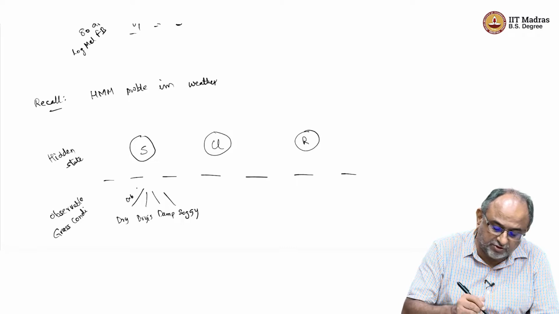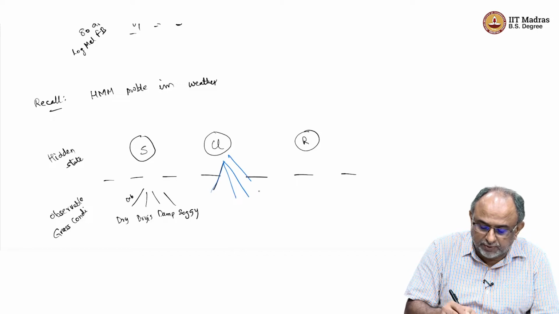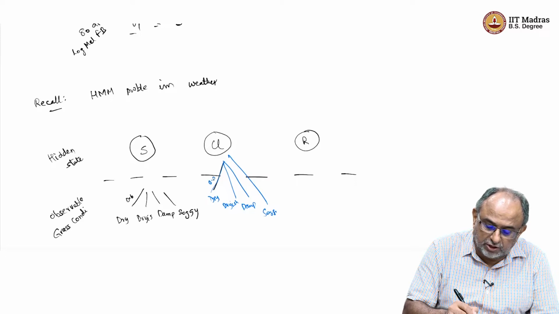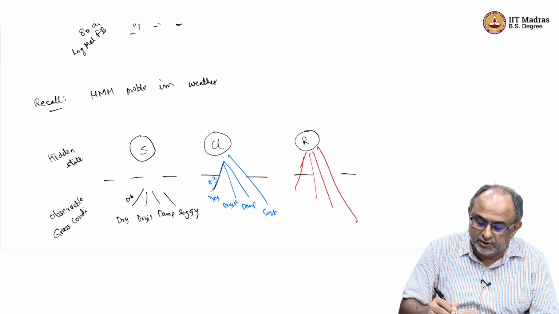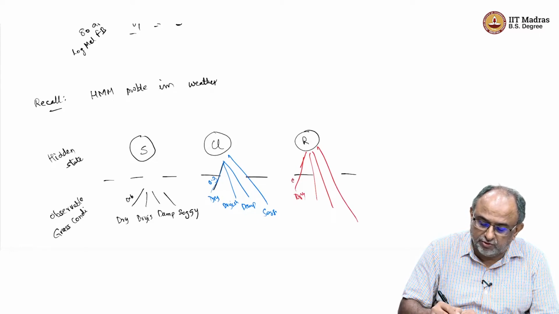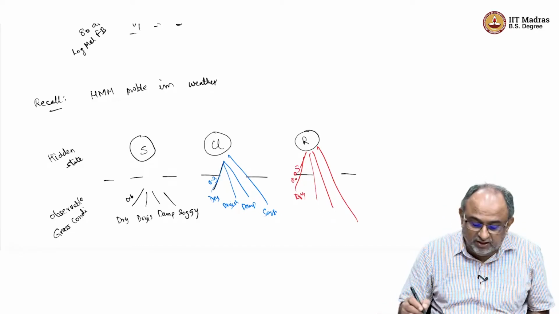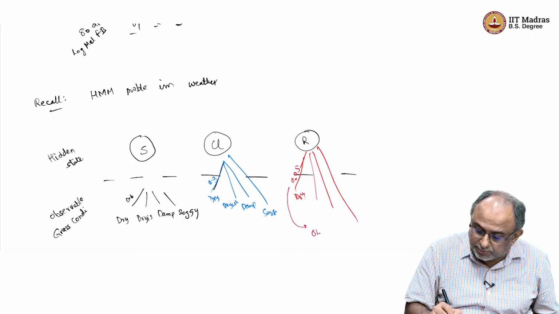So this might be 0.6 here, but for this other one it might be only 0.3, and for another dry might be only 0.05 or something. These are called the observation probabilities.